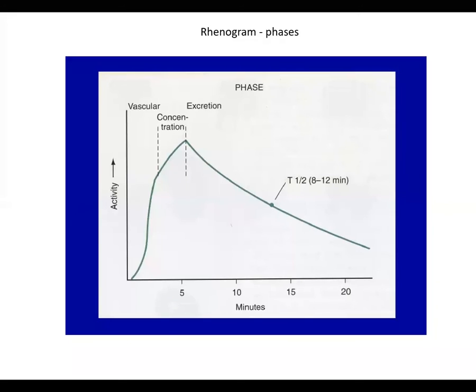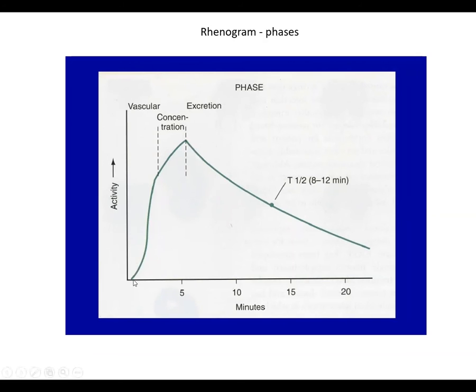On this slide, we can see the renogram, the presentation of the nuclear study, which shows us two scales: radioactivity over the kidney, and time in minutes. We have three main phases of this renographic curve.